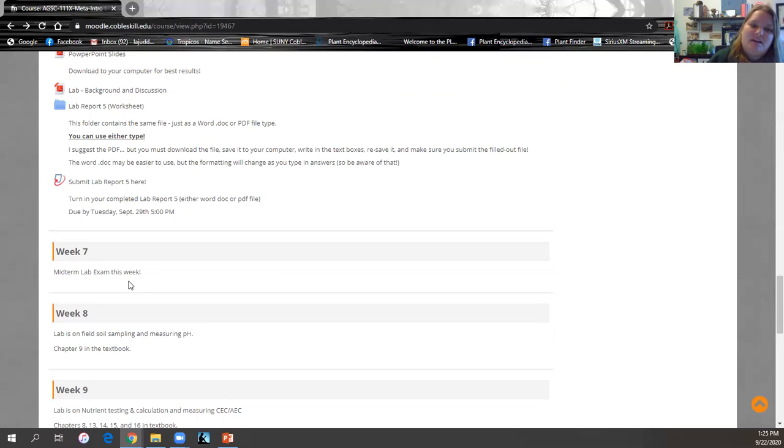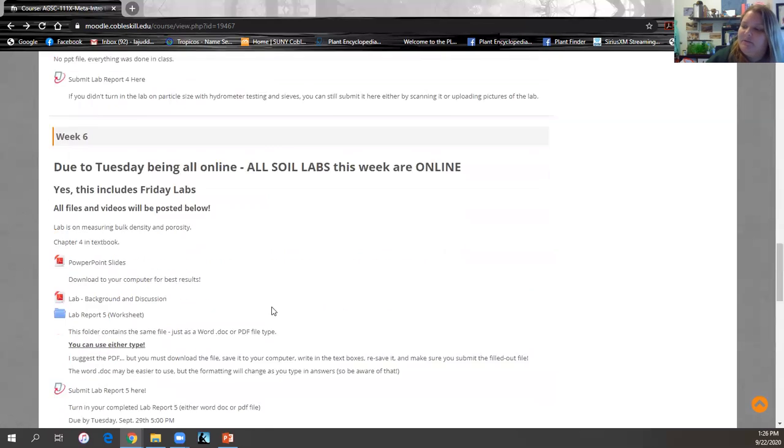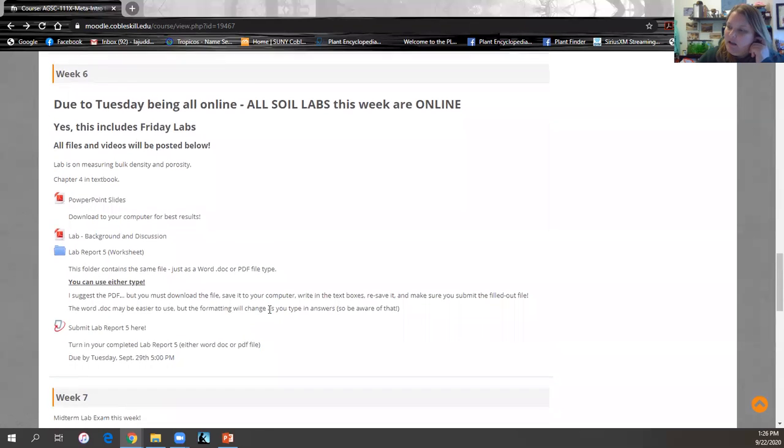And then you need to use the calculations we've talked about through all the labs to determine soil texture. Definitely will be a soil textural triangle, and you'll be given provided numbers from that, and then you'll need to tell me what textural class that soil fits into. So again, by the end of tomorrow, I'll have that review sheet up so that you guys can start reviewing for that midterm.